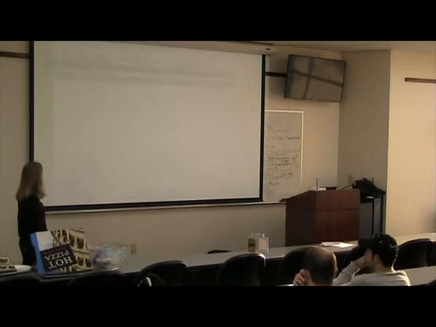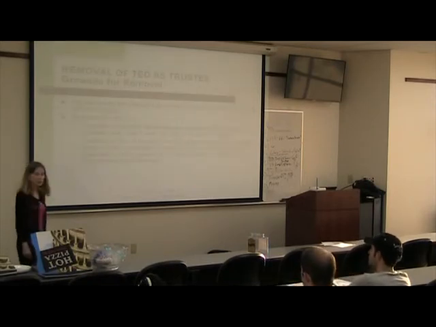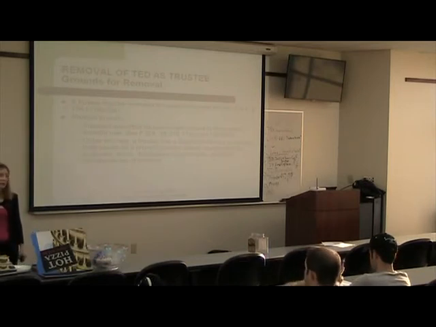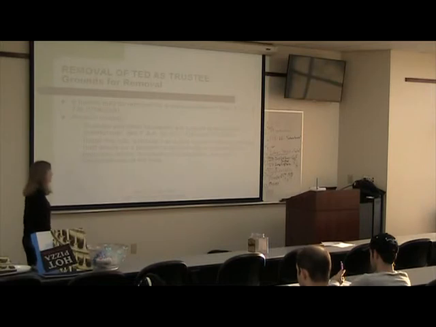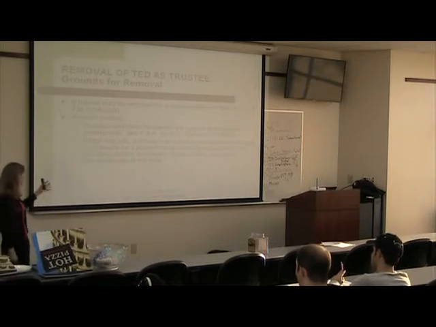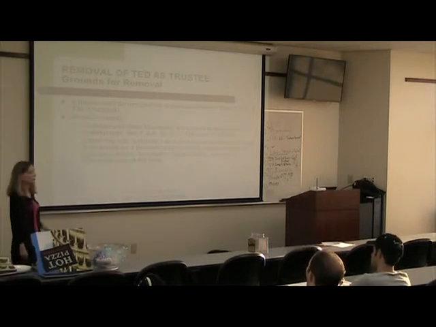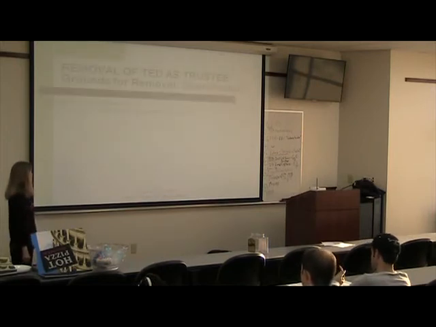Now, what are we going to remove Ted for? We start with the prudent investor, which is going to be the source of several breaches of fiduciary duty here. A trustee, of course, has to be a prudent investor. So as a prudent investor, what does he have to do? First thing is he has to diversify.